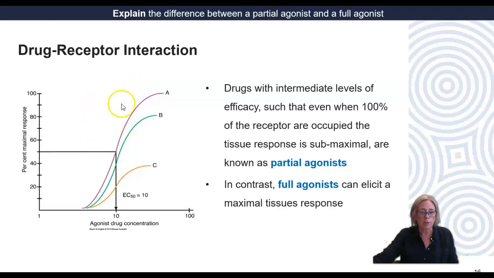So very clearly here you can see drug A is the full agonist, drug B is a partial agonist, and drug C, of course, is a partial agonist as well. And this little one here, C, is doing very little in terms of generating a tissue response, that it might be even used as a competitive antagonist. And if you don't get that yet, you will in a few slides' time.